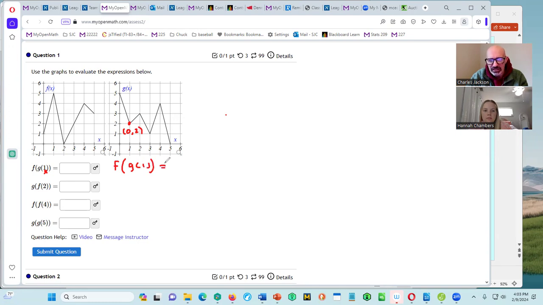G of 1, the inside there, is 2. So this is the same thing as f of 2. And then f of 2 is 0. When x is 2, what's y? 0. So 0 is the answer. But if you go right to the 0 without showing work, you need to support your answer. We always support our answer with something, and I need to see that somewhere in there.